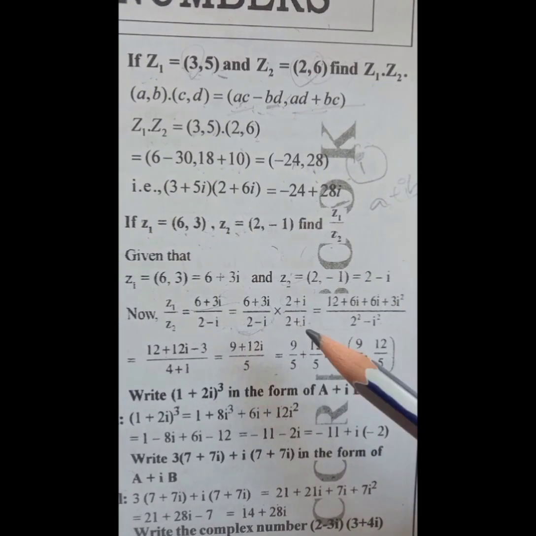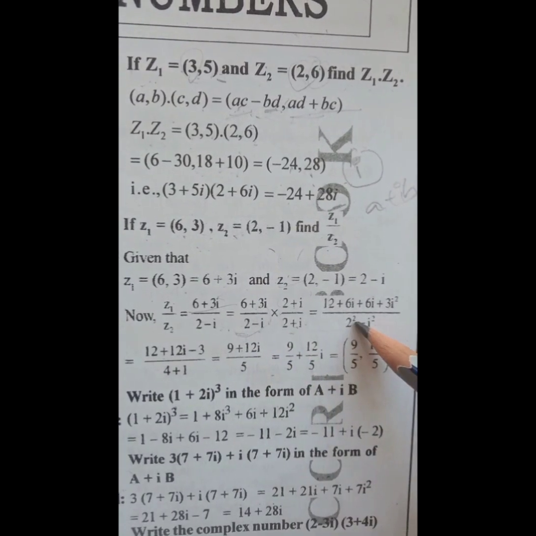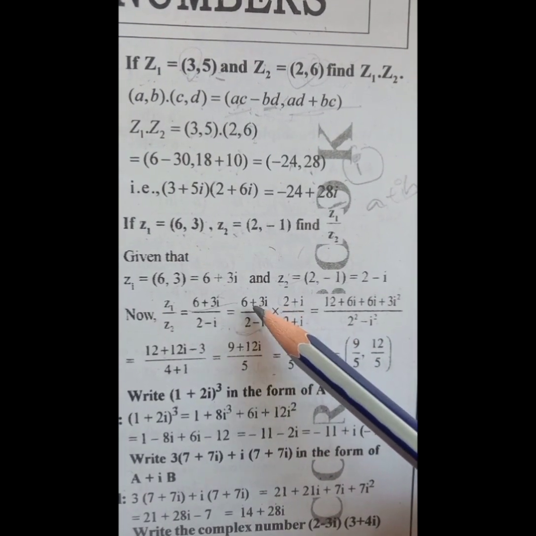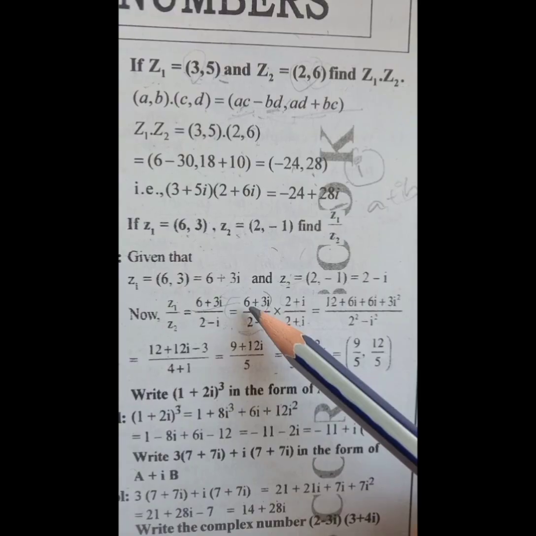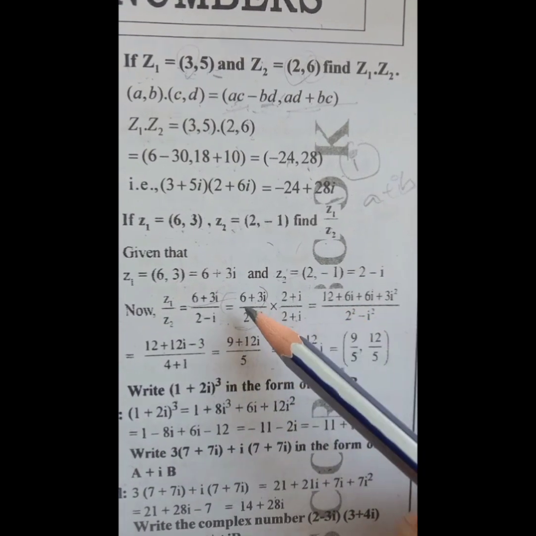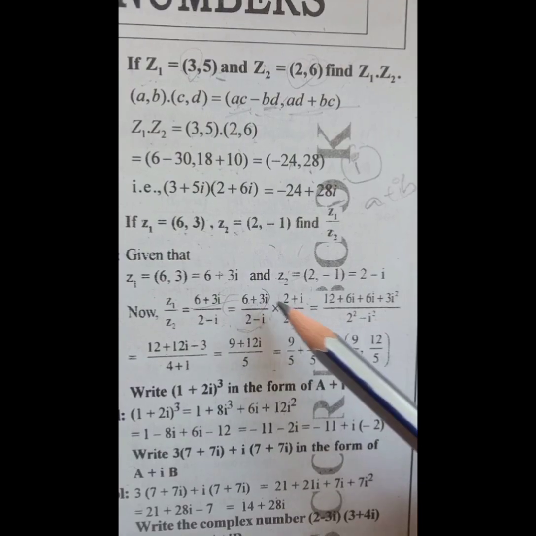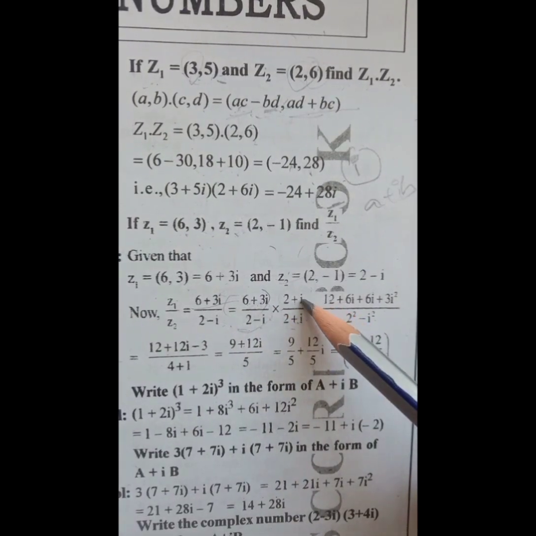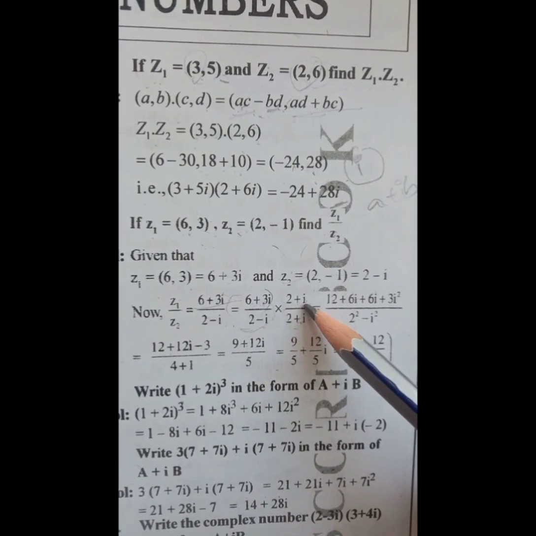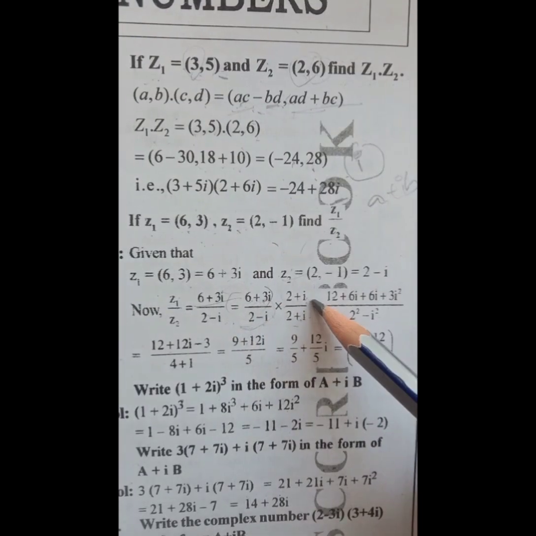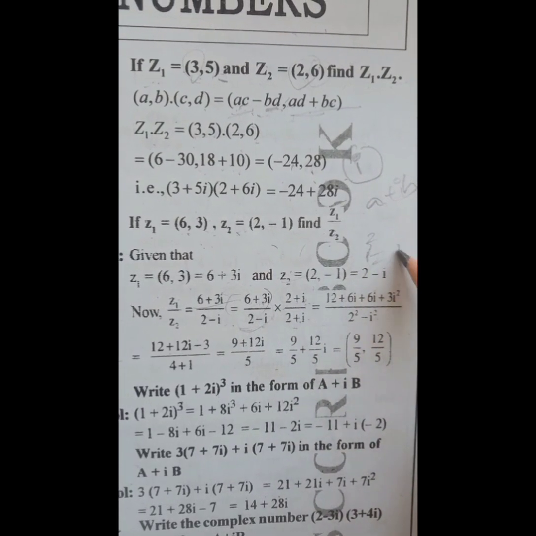a plus b into a minus b is a square minus b square, and you need to multiply these two terms. 6 into 2 is 12, 6 into i is 6i, 3 into 2 is 6i, 3i into i is 3i square, i square value is minus 1.